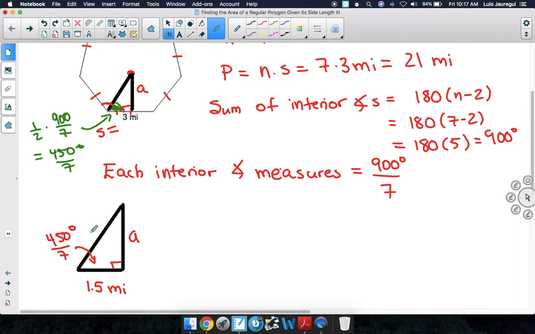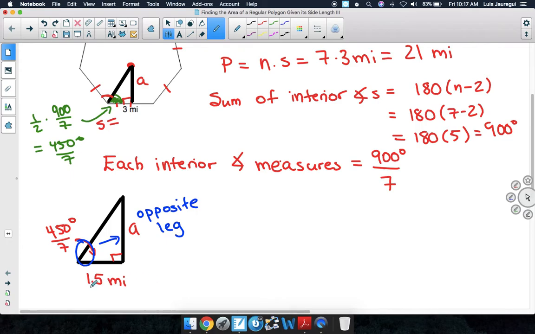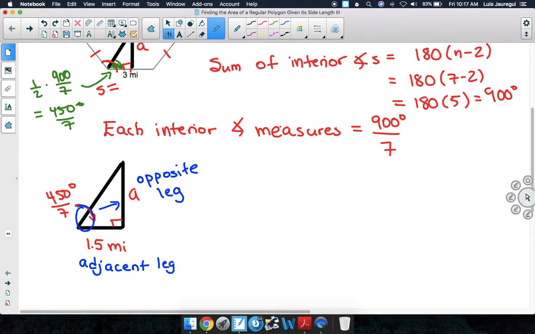And now we're going to be using some trigonometry. Let me circle my angle and label the parts. So notice that this is my opposite leg. And this one over here is my adjacent leg. So we're dealing with a trigonometric ratio using both the opposite leg and the adjacent leg. Well, that happens to be tangent.